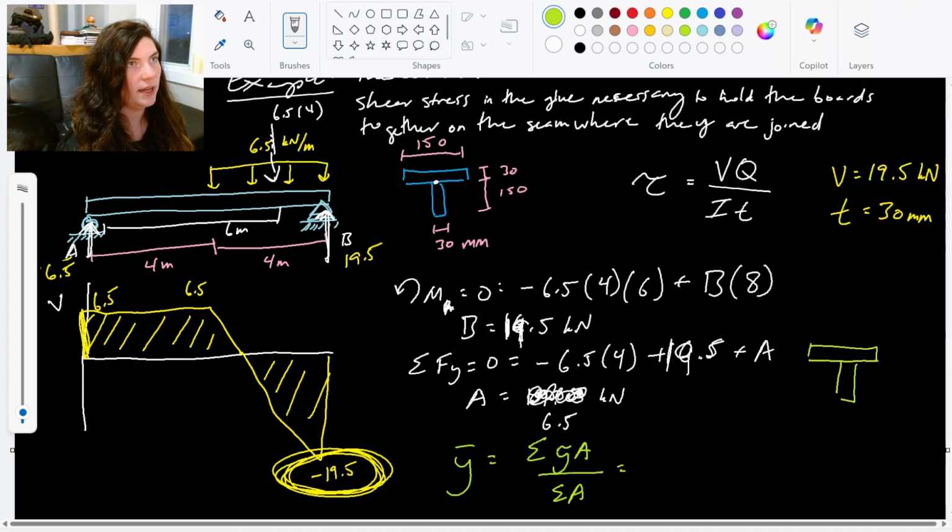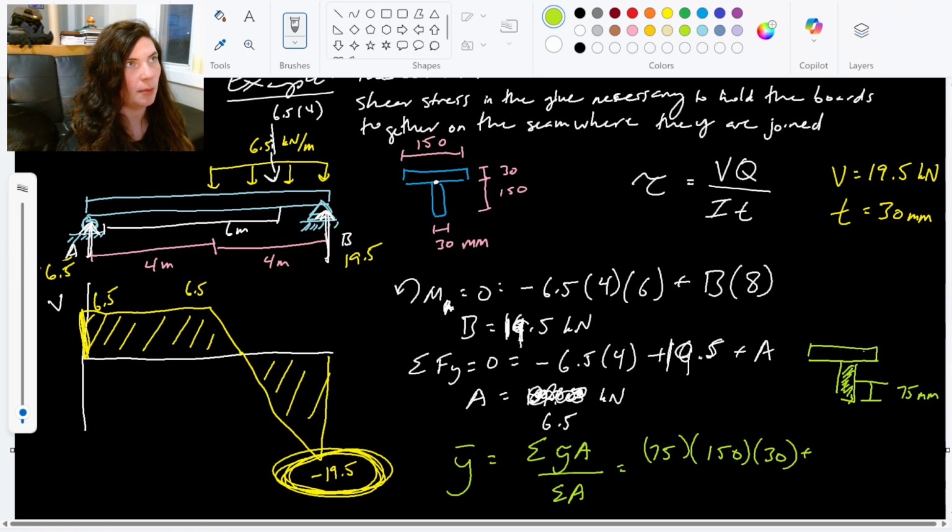All right, so our y tilde A for our bottom shape is going to be the centroid of this rectangle. So the center through a 150 high rectangle is halfway up. This is 75 millimeters. And then our area would be the 150 times 30. So I have 75 millimeters times 150 times 30.